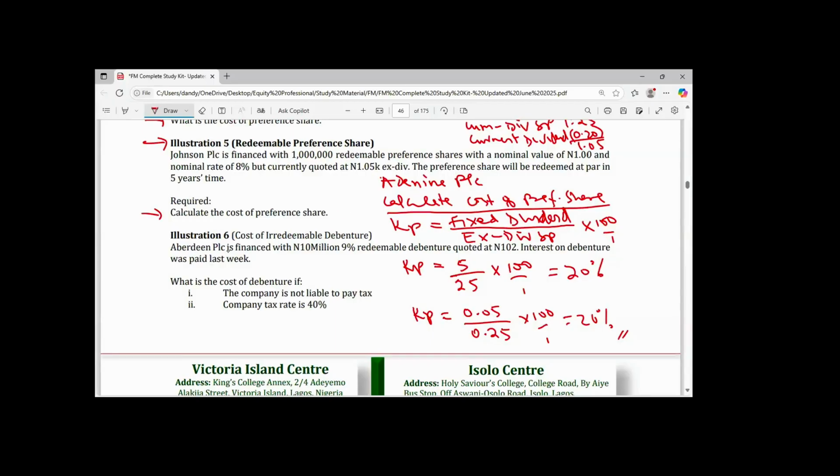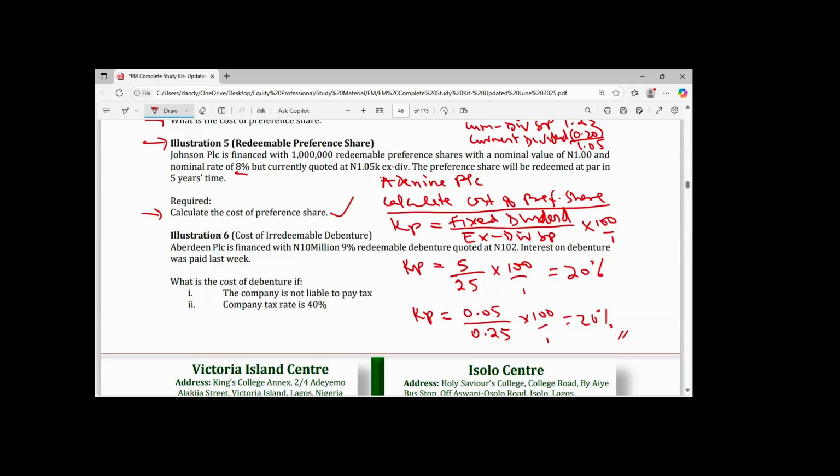Examiner wants you to calculate cost of preference share. Now, according to the question, examiner told you that Johnson PLC is financed with 1 million redeemable preference shares with a nominal value of 1 naira and nominal rate of 8%. All right. That nominal rate of 8%, that is the dividend rate.